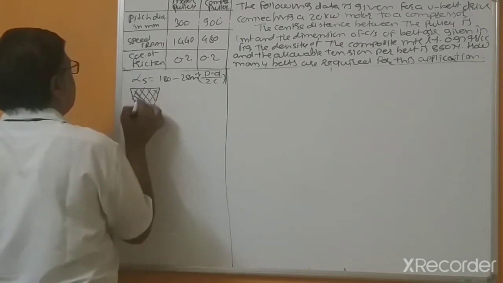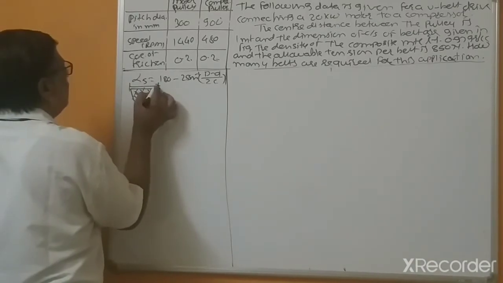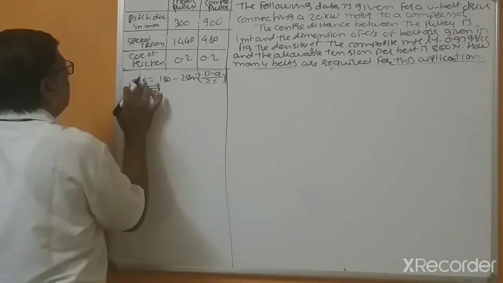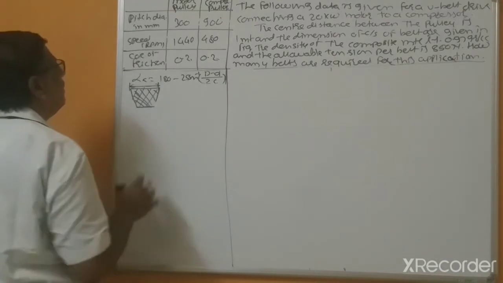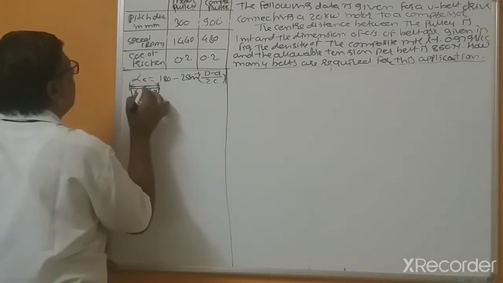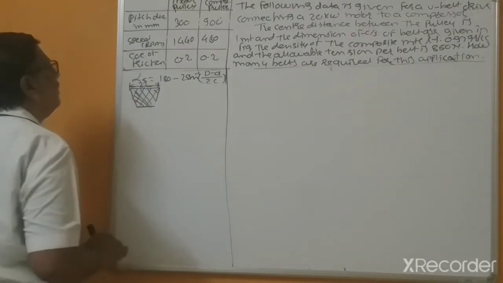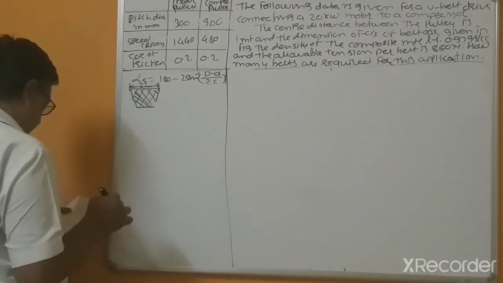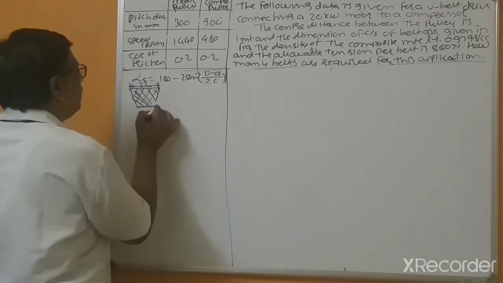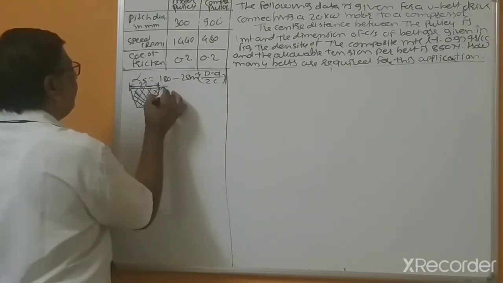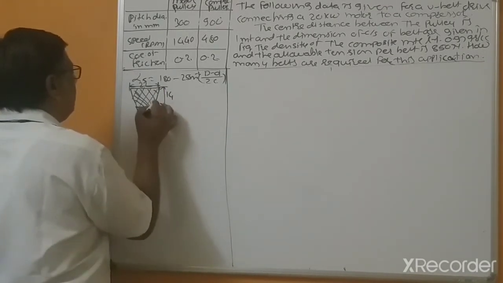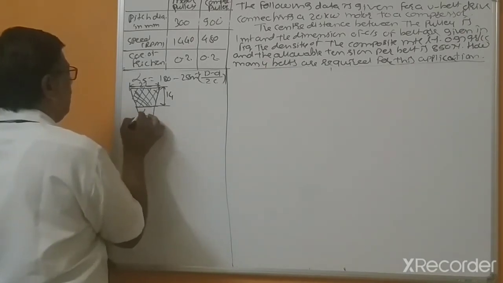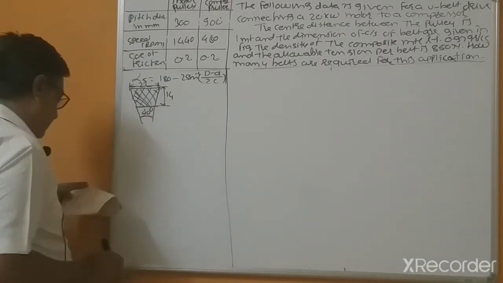Area of this cross section dimension is equal to 22, height 14, and this angle equal to 40 degree.